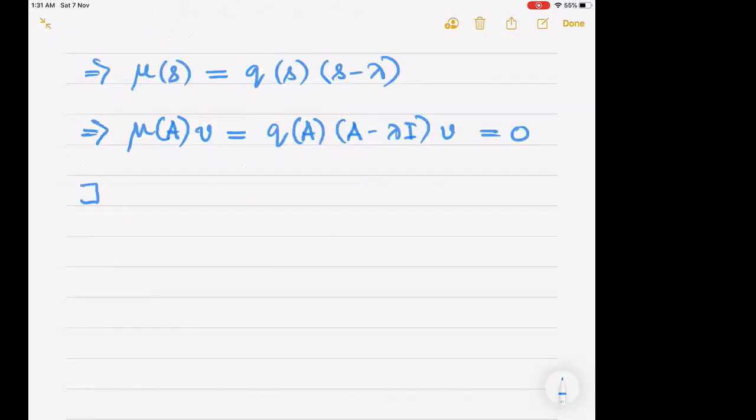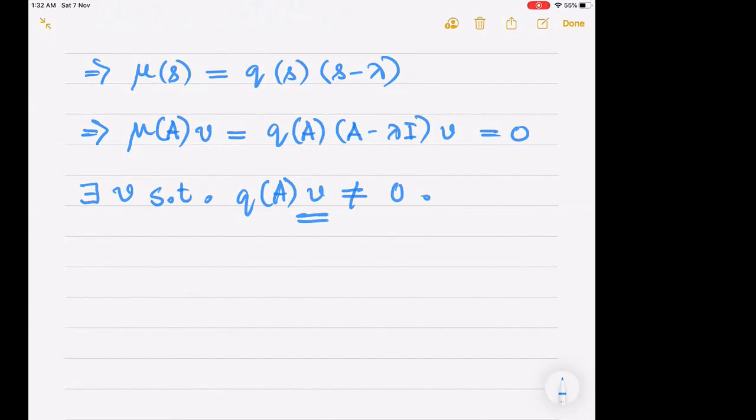There exists a v such that q(A) v is not equal to 0. This requires some thinking, some argument. What am I saying? I'm saying that there exists some v such that q(A) v is not equal to 0.